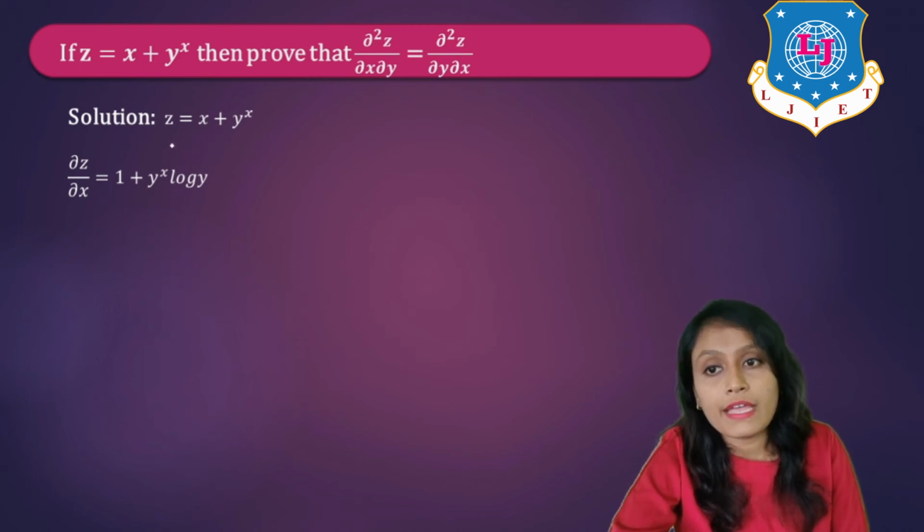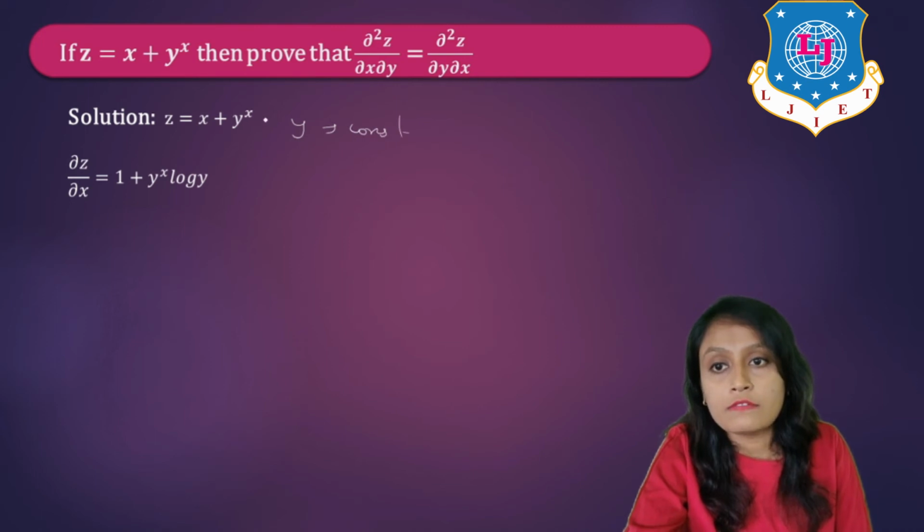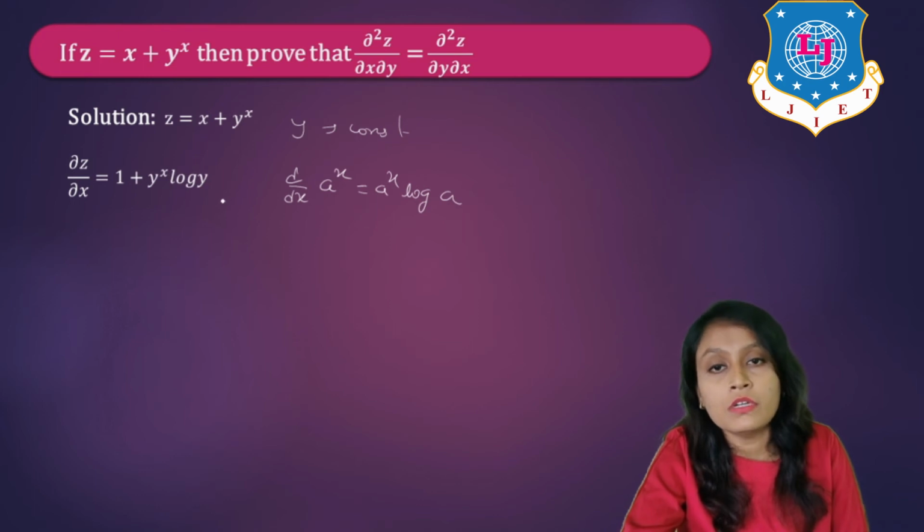So derivative of x is 1. Now here y we are taking as a constant, so we will apply the formula of d by dx of a raised to x, that is a raised to x into log a, right? So y raised to x into log y.